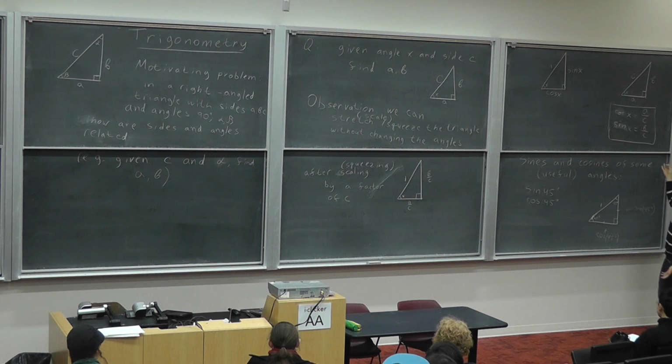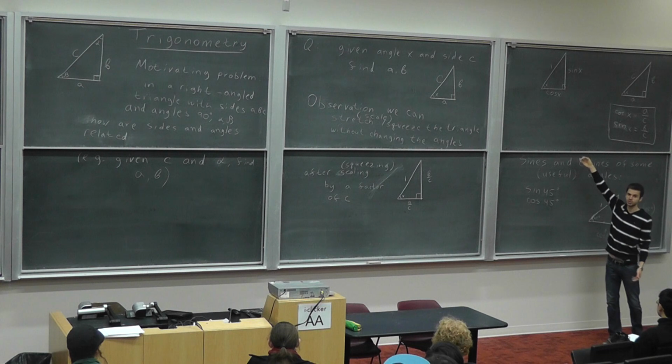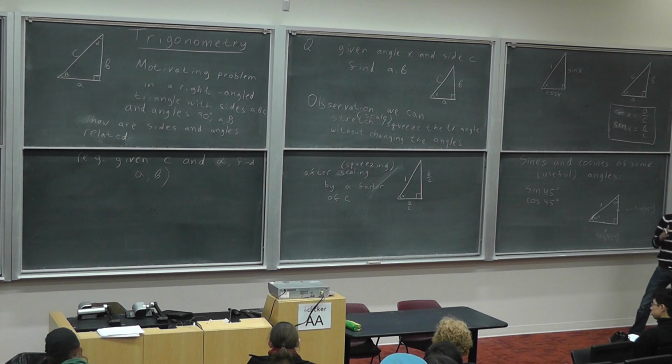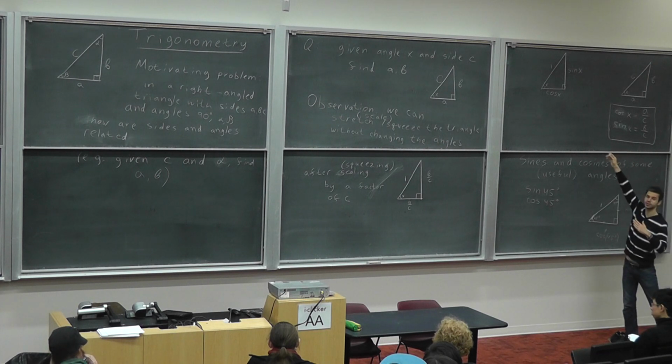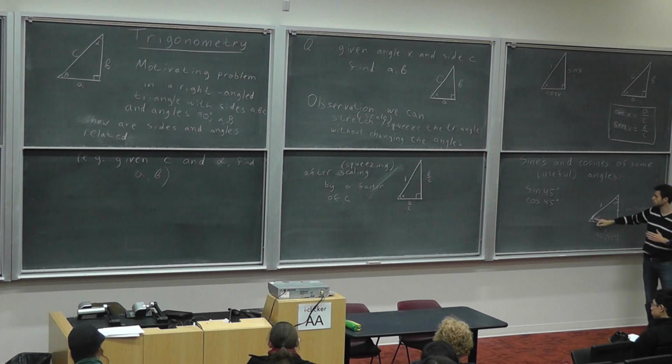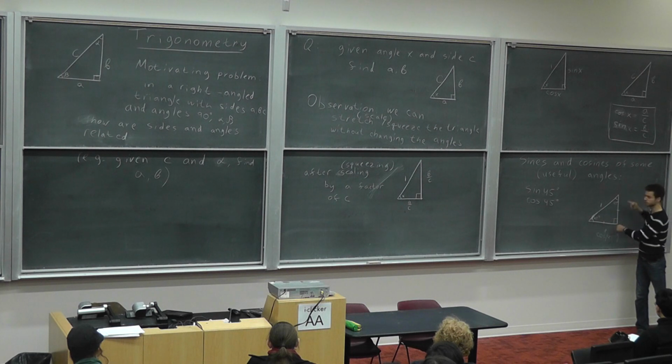But just in the very definition, the sine and cosine are side lengths in a triangle. It's just we fix one of the sides to 1, and then we call the lengths of the other sides sine of angle and cosine of angle. So in this case, the angle is going to be 45 degrees, and the side lengths are sine of this angle and cosine of this angle.